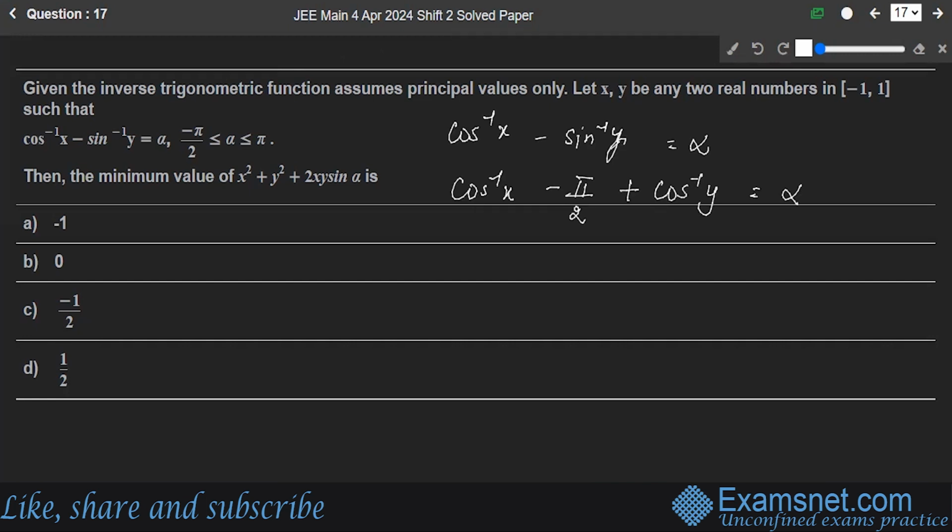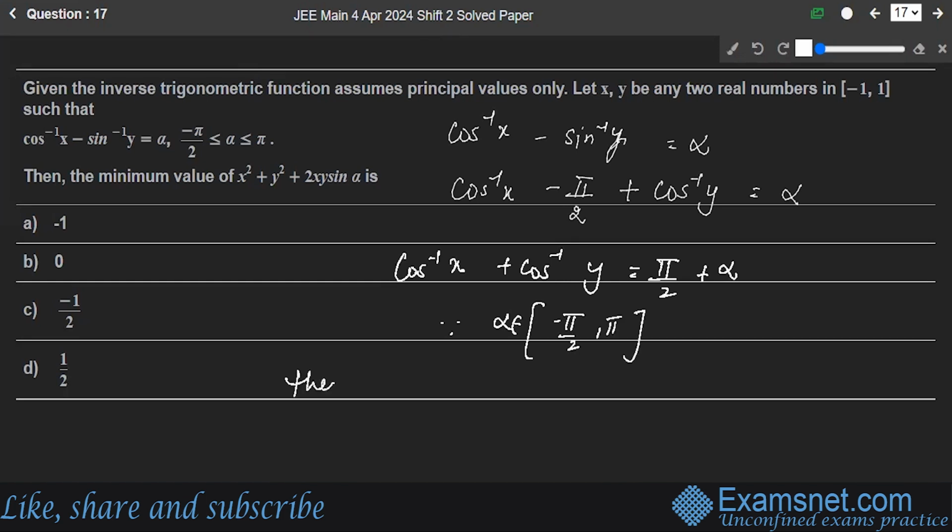Okay. So you have cos inverse x plus cos inverse y is equal to pi by 2 plus alpha, because alpha lies in this range. You are given this in the question, right?